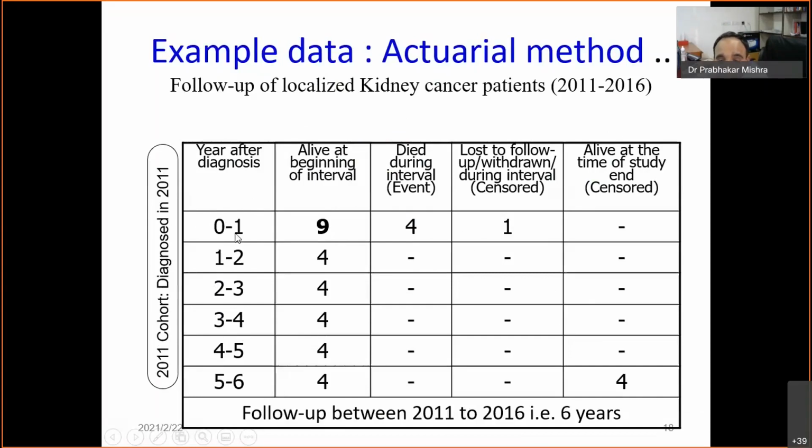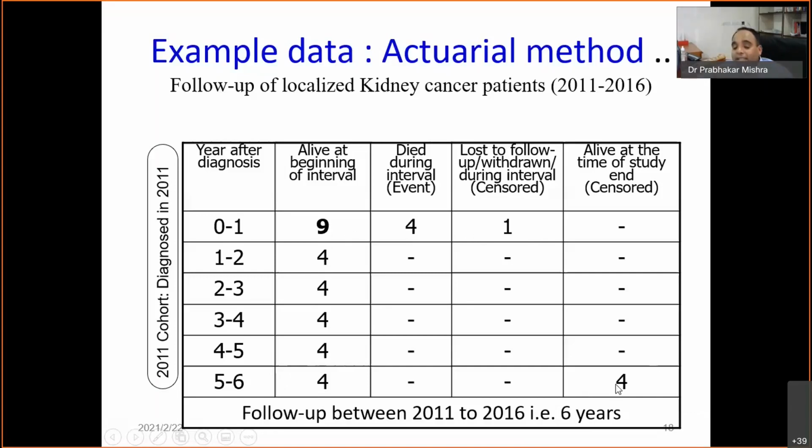So in 2011, 9 patients entered, 4 died during the study period, 1 loss of follow-up. So how many will transfer to the next year? 9 minus 5, that is 4. And these 4 remained up to 2016, and ultimately at the end of the study, all 4 survived.